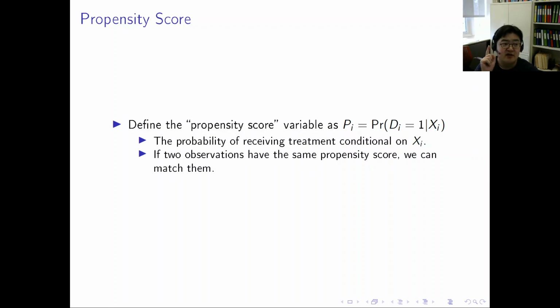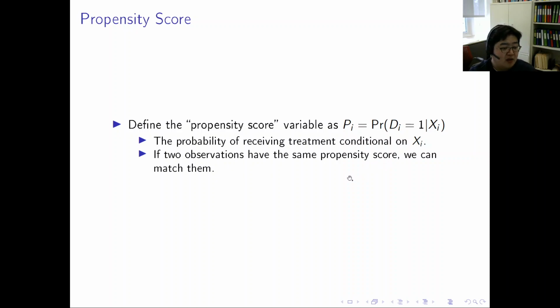That is the sufficient statistic. That's sufficient. This is what we want actually. This information is sufficient. And then, as I said, if two observations have the same propensity score, then we can match them. That's the desired result we wanted.